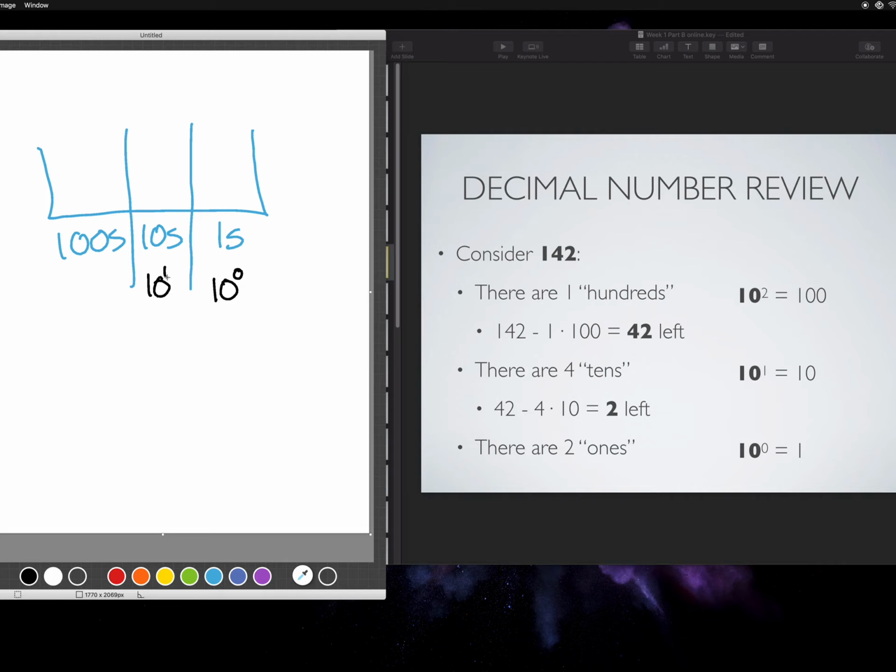Hundreds place, 10 squared is 100. So to write this number 142 in base 10, we simply write down how many hundreds, how many tens, and how many ones. Like this. There's 1 hundred, 4 tens, and 2 ones. That's 142 in decimal.